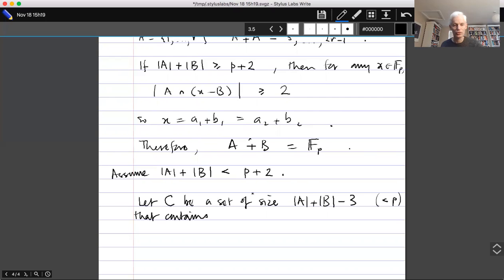I may want to change that to p minus 1, but we'll see later on. That contains the restricted sumset.